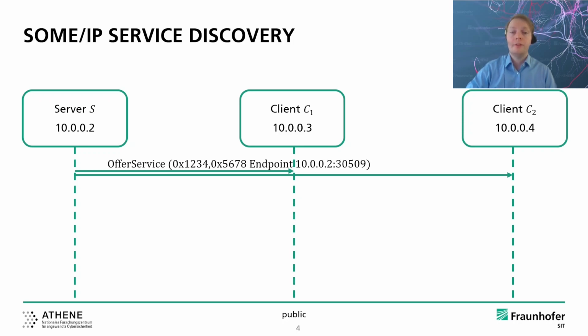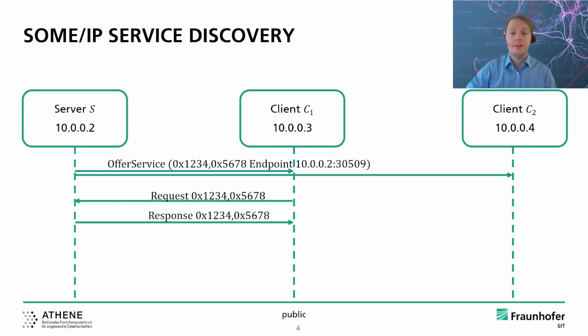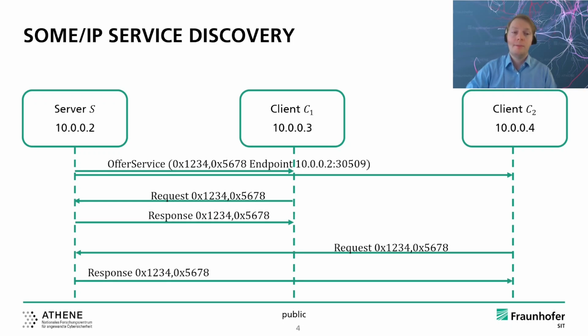The service offer also contains further information about this service, for example the version, a time to live value, and an endpoint which contains the IP address and the port. In this example, the IP address is 10.0.0.2 and the port is 30509. Every client can now request this service and get a response by the server who offers this service.